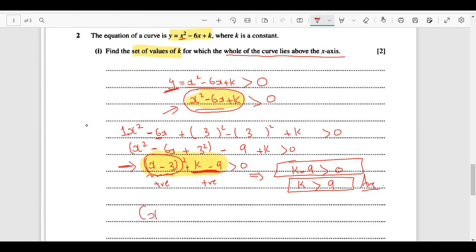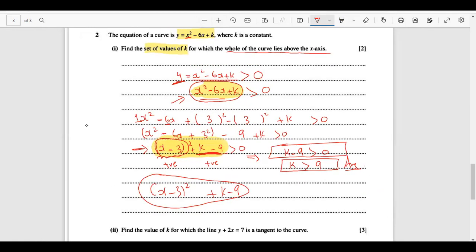Now, I have x minus 3 squared plus k minus 9. I want this entire thing to be positive. I know that this part is already positive because it is square of a number, right? In order to have this entire encircled thing positive, I can see that only this has to be positive. This is going to be positive always.